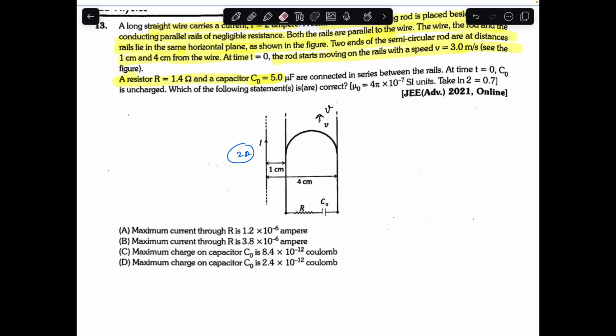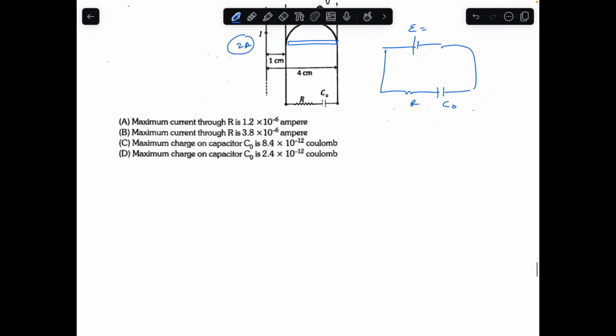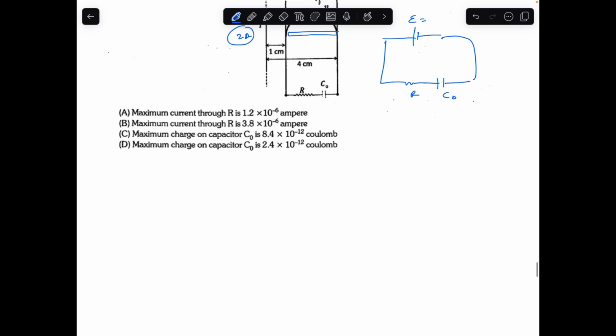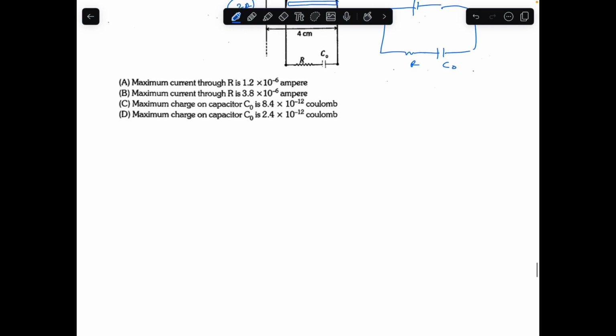So you can replace this as EMF, this is R, and this is C₀. Now what will be this EMF? This EMF you have to calculate. For that you take the projected length and try to calculate the EMF. So first I'll calculate the induced EMF. Straight wire current is 2 ampere. Projected length I'll take like this.